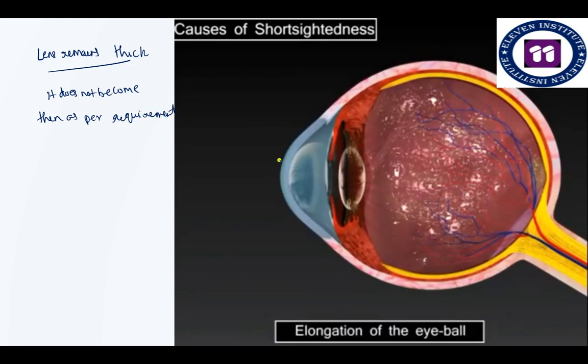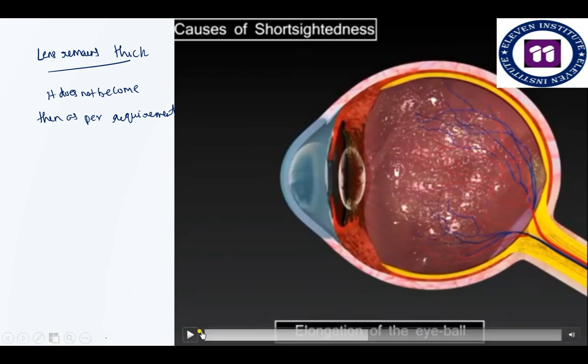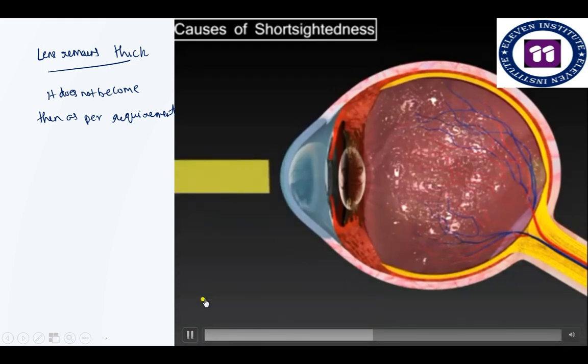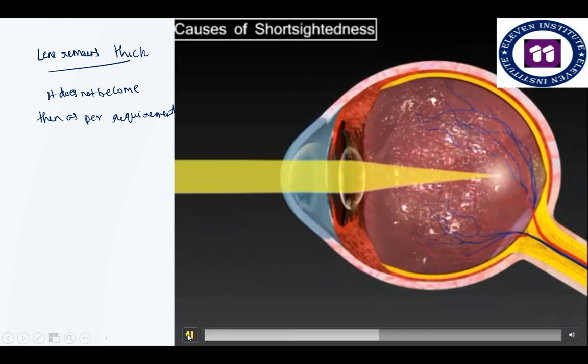It remains thick, due to which the image is formed in front of the retina. Let us see. See, these rays are coming and the image is formed before the retina over here.